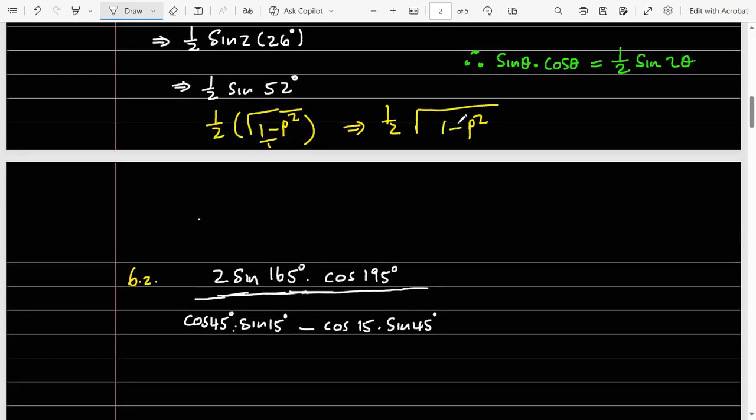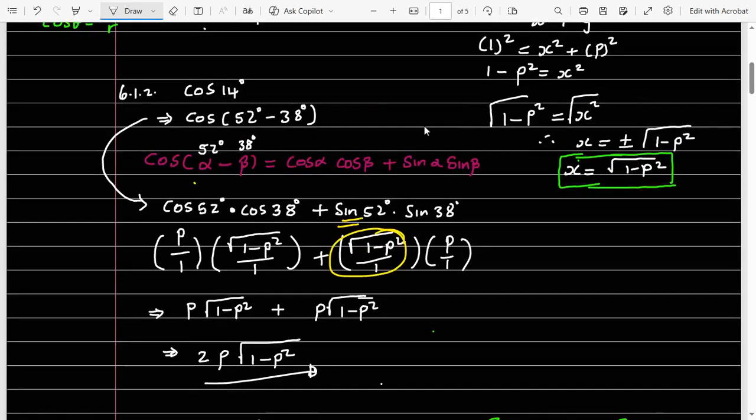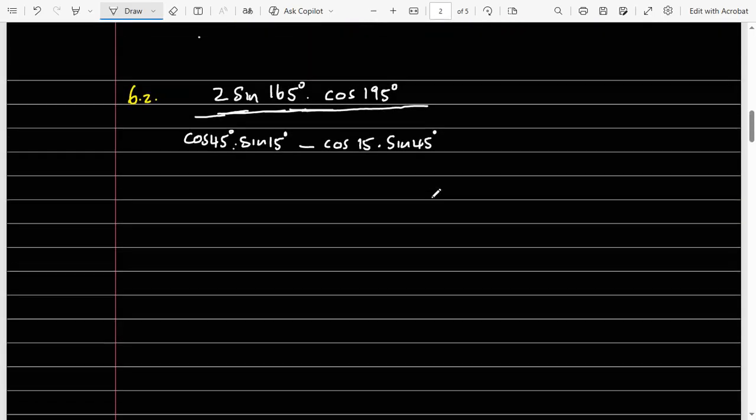So now when I see a pattern on the bottom left, if you still remember, look at this. Cos alpha, cos beta, sine alpha, sine beta. You see? So the cos alpha, the sine beta. The angle that is on cos should be the same as the angle that is on sine. Look at this, this is what I have.